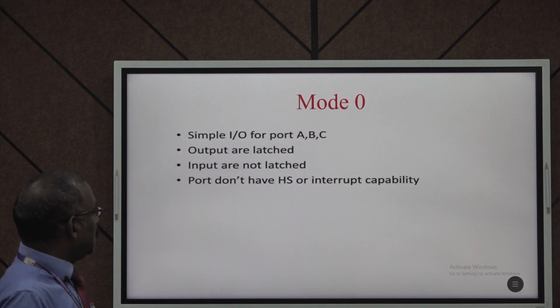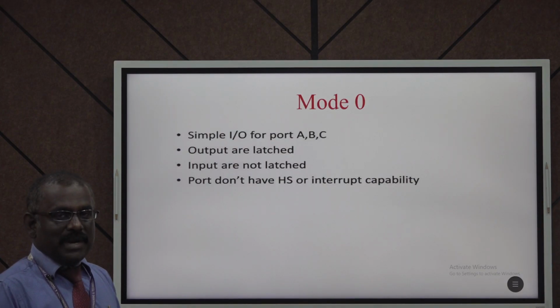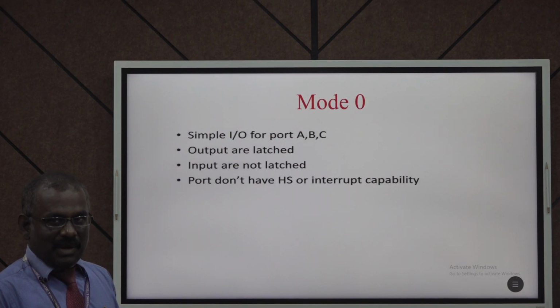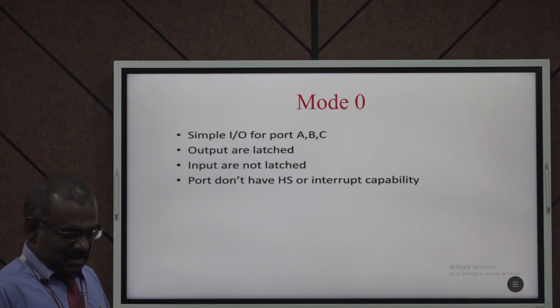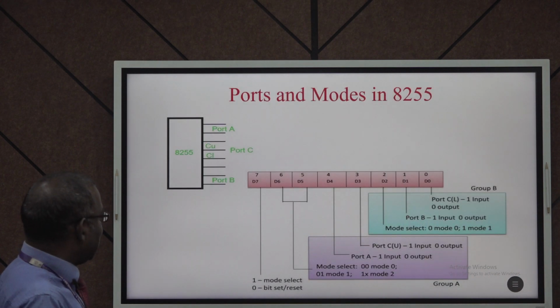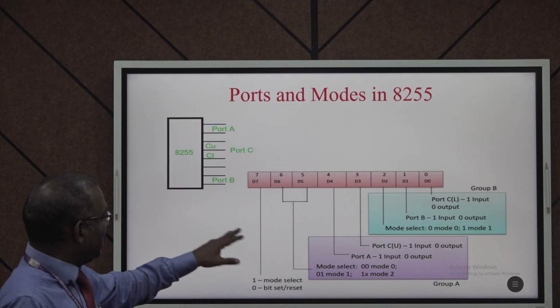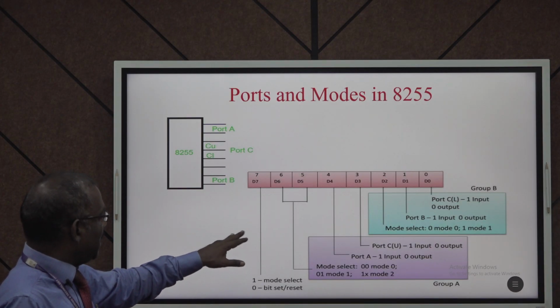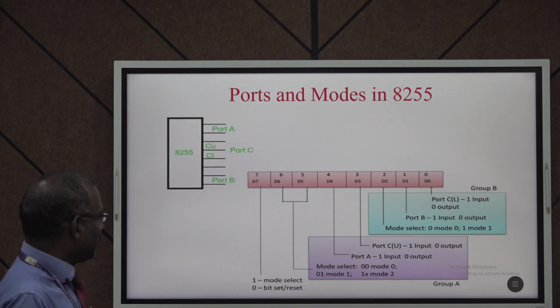So if you put 1 in the D7 bit of the control register of 8255, then we can select the IO mode. After selecting the IO mode, we can select mode 0 by configuring the remaining bits in the control register.